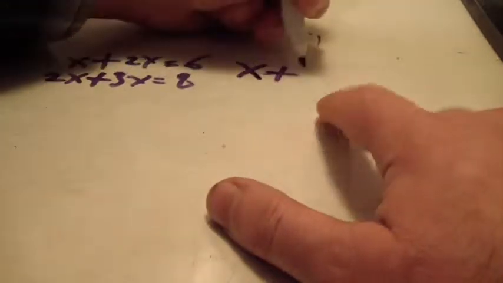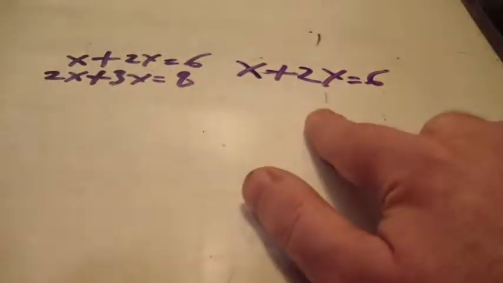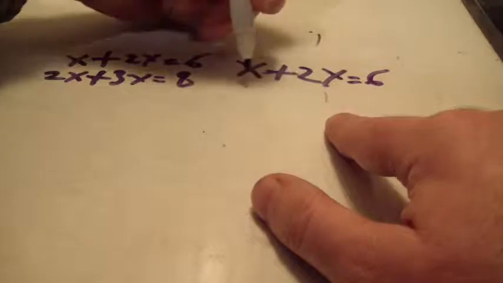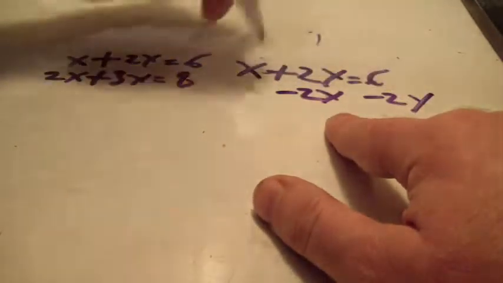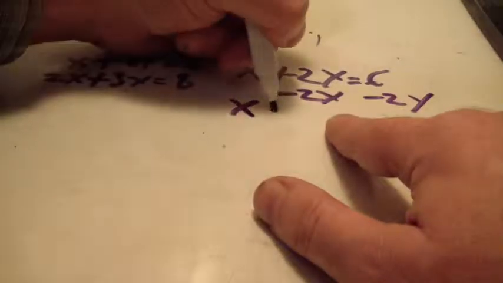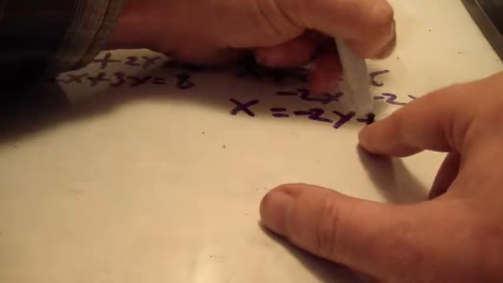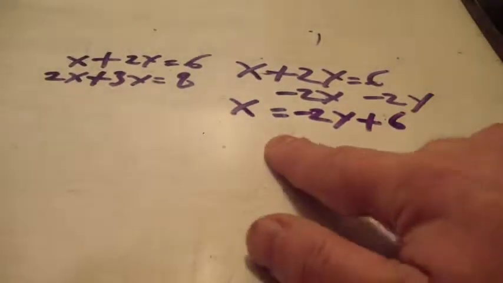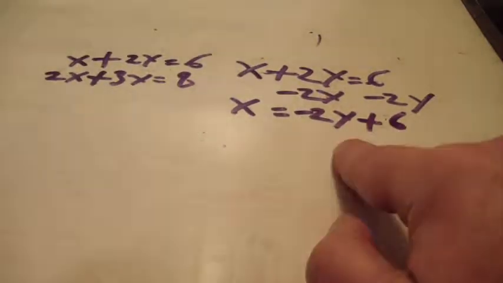Let's make it bigger so you can see it. So we're going to simply isolate x. When we minus 2y from both sides, we know that x equals negative 2y plus 6. Now that we have that isolated, we know x equals negative 2y plus 6.